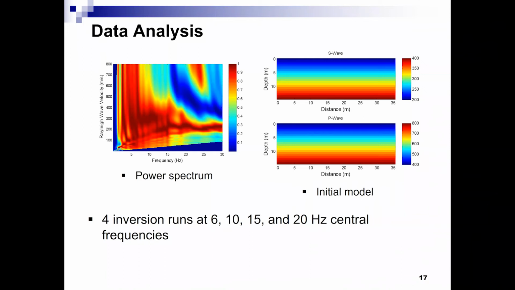So we start from 200 to 1,000 at the bottom, and we try every 100 meters per second. So we do 300, 400, 500, 600, 700, and so on to 1,000 at the bottom. And we found that 200 on the top, 400 at the bottom fit the data best. So we use that for the initial model. So we search for the best 1D model first.